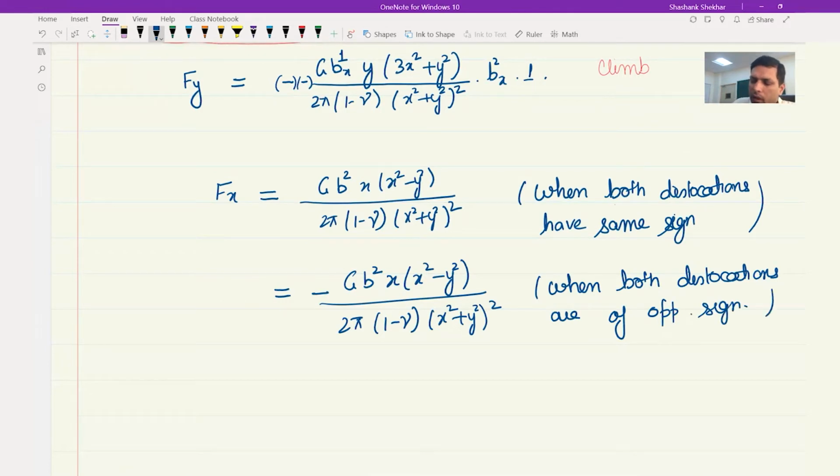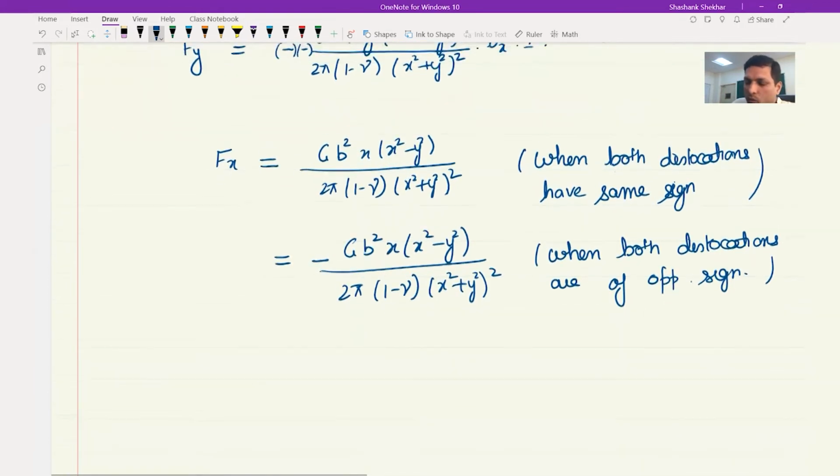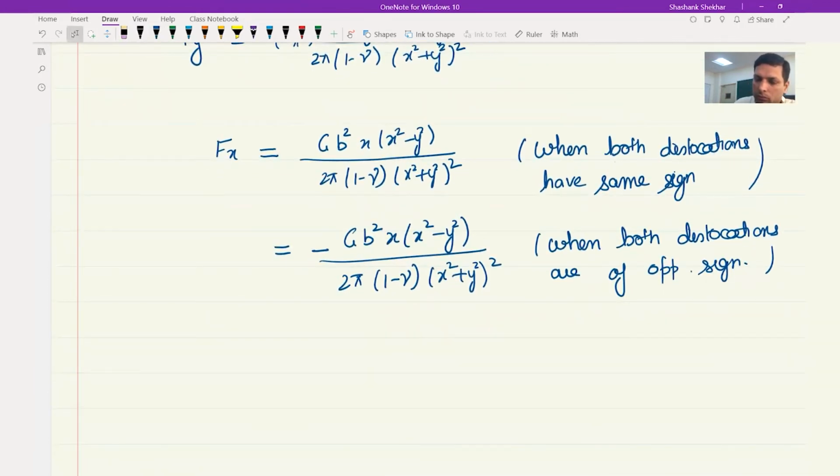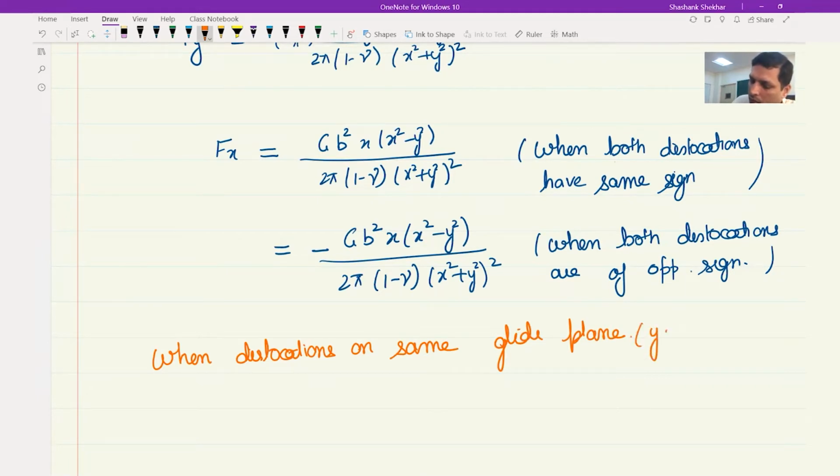Now here, if we assume that the two dislocations are on the same plane, which means y is equal to 0, so let's go to the condition of dislocations on the same glide plane, meaning y is equal to 0.